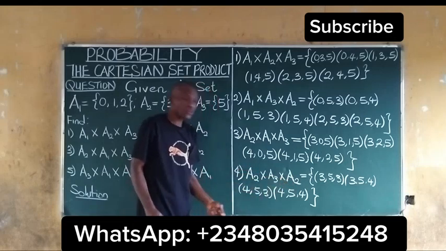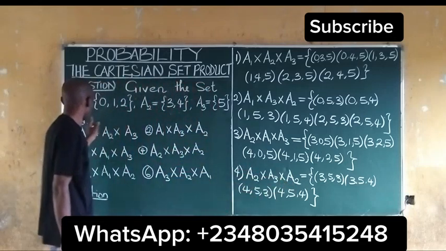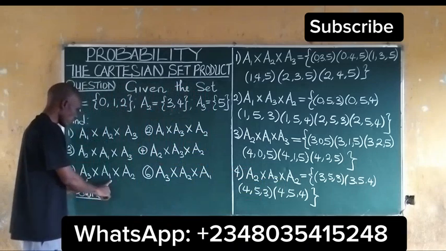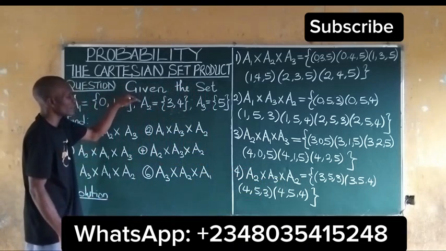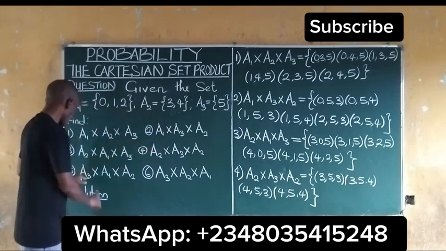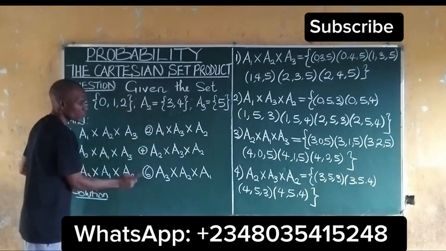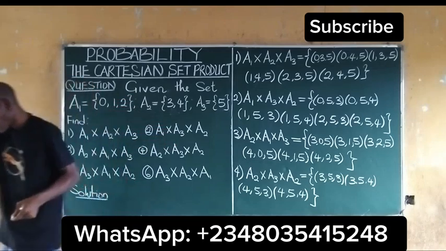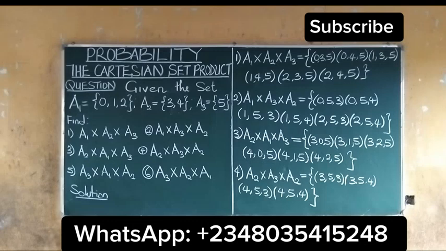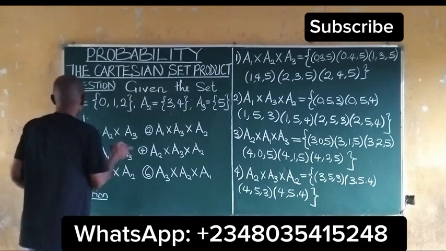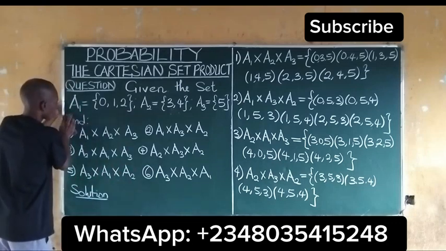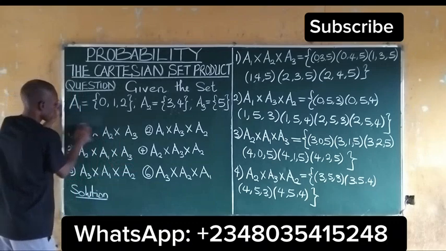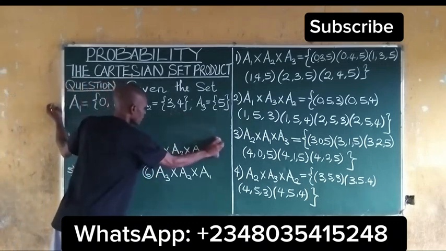So we move over to this side of the board to look for A3, A1, A2. We have to clean the whole of this to get A3, A1, A2.